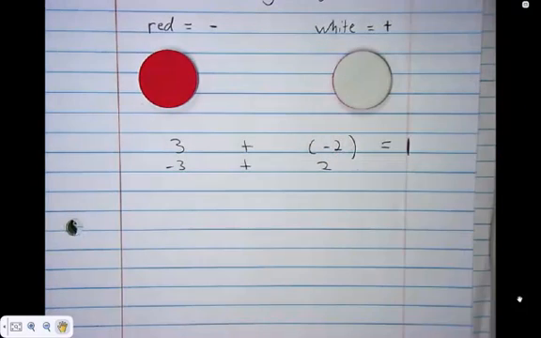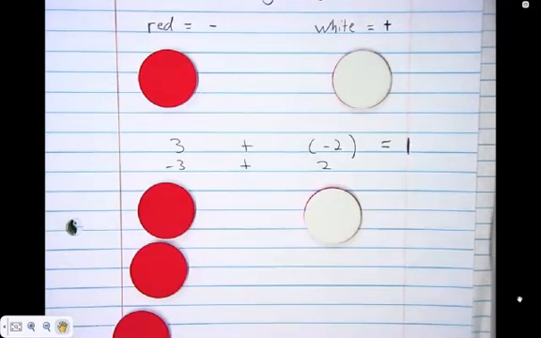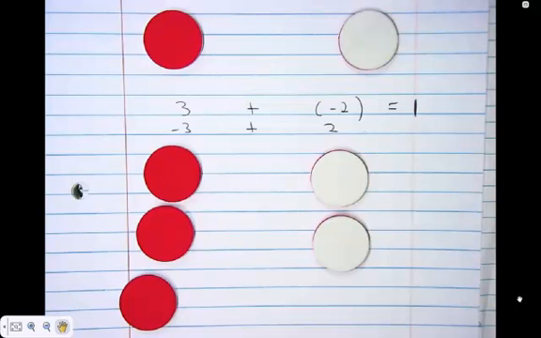What if we changed it and it was negative 3 plus 2? So we'd show that with 3 red ones and 2 white ones. What's going to happen this time around? We got 3 red, 2 white.